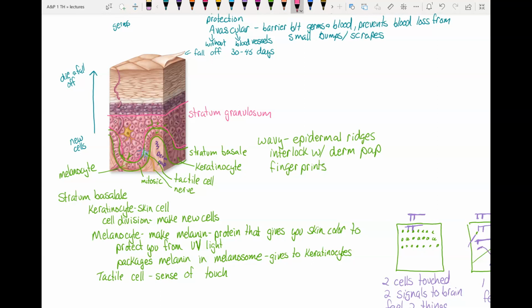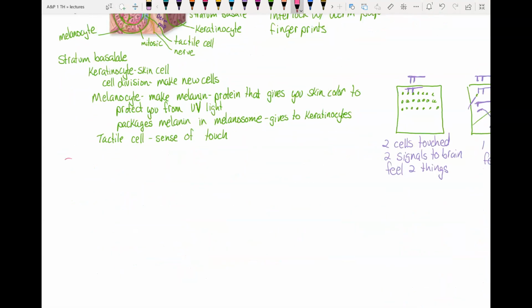All right, so let's get back now to the stratum granulosum. So this layer is mostly keratinocytes. Again, everywhere in the skin is going to be either mostly or all keratinocytes. And here the keratinocytes, these are new cells that were just made in the basale, and they moved up.